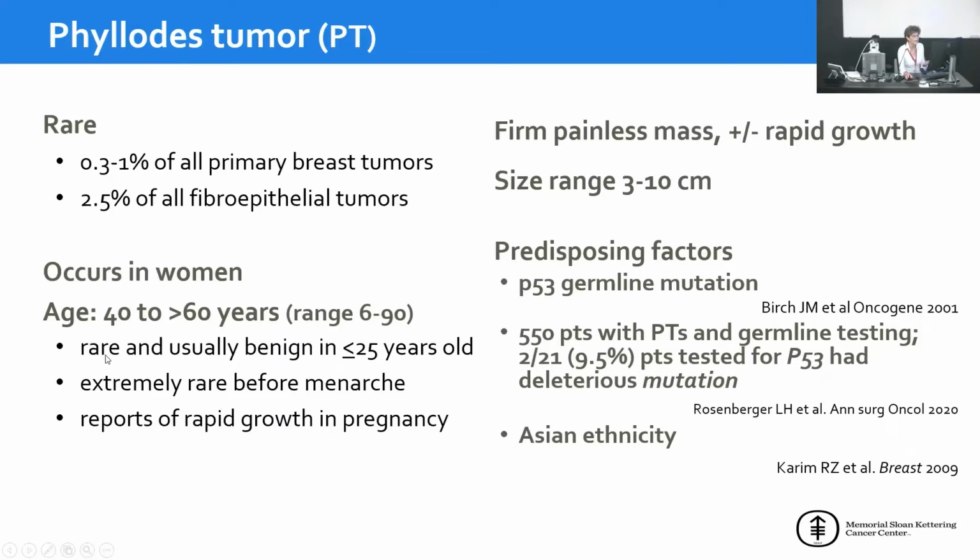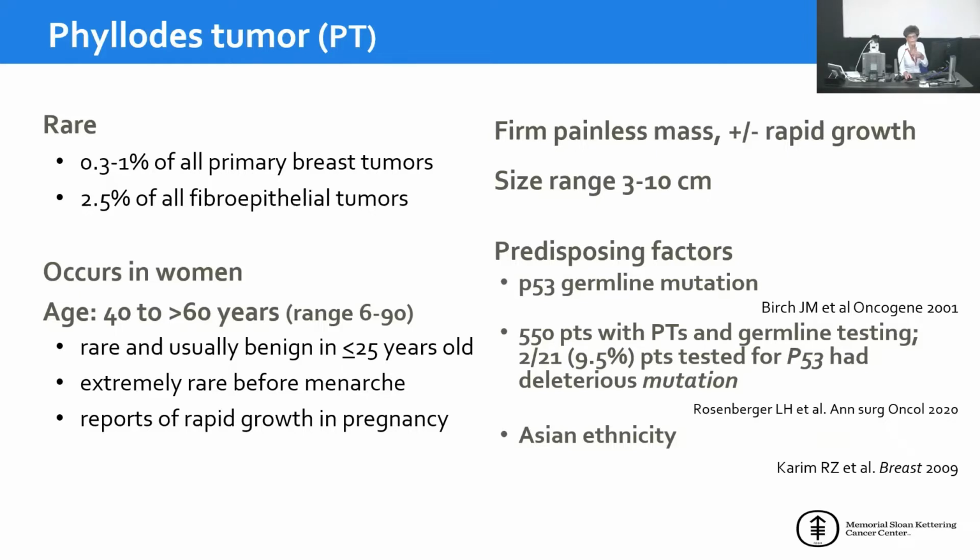They are very rare and usually benign in women up to age 25, and extremely rare before menarche. And there are reports of rapid growth in women during pregnancy. All these suggest that there is a hormonal component that contributes to the growth and the progression of Phyllodes tumors.